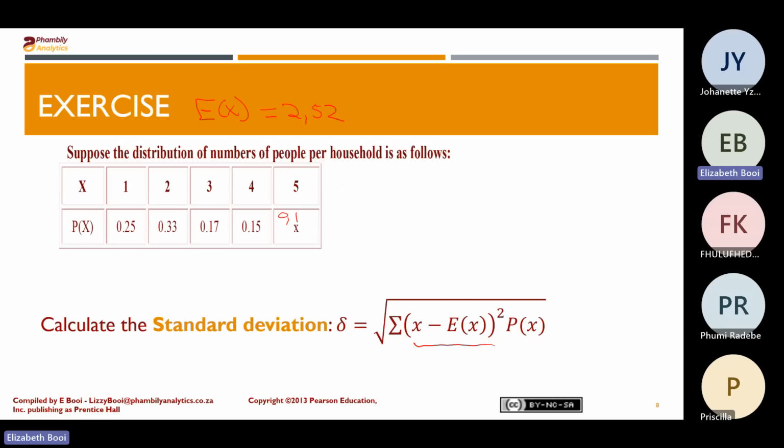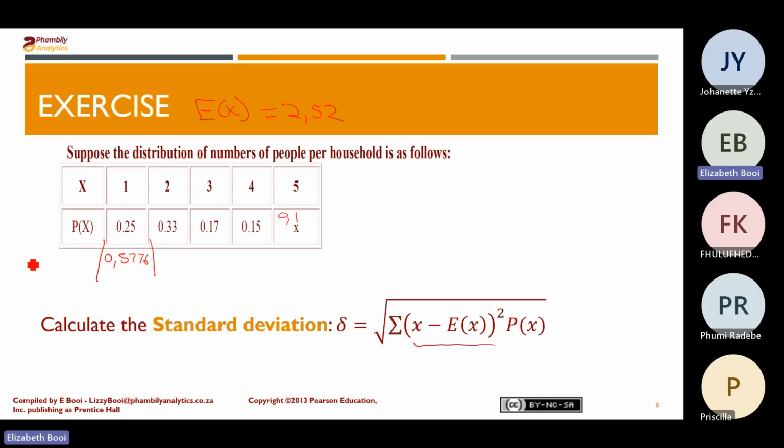So that will be 1 minus 2.52, and then I say equals. I get the answer, and then I square it. I get 2.3, and I multiply that answer with 0.25, which gives me 0.5776.